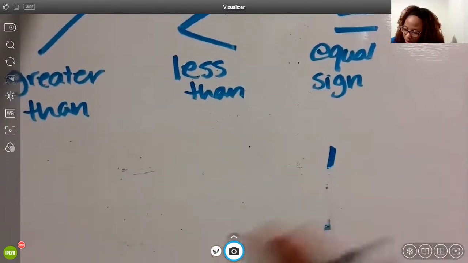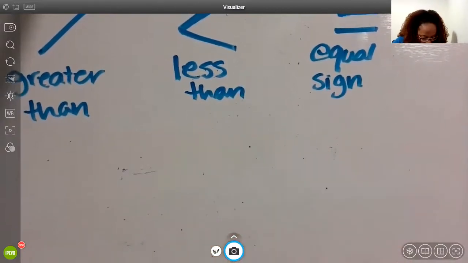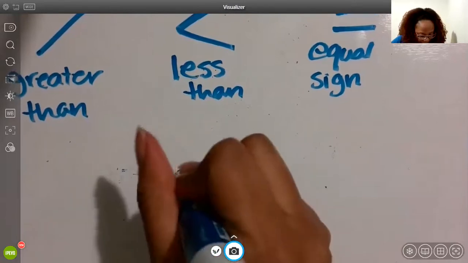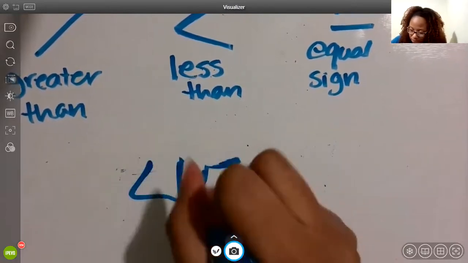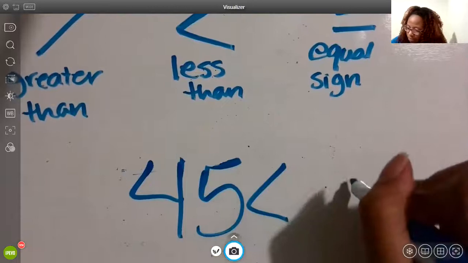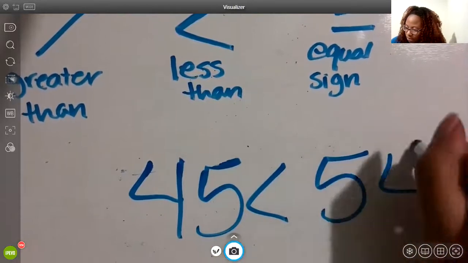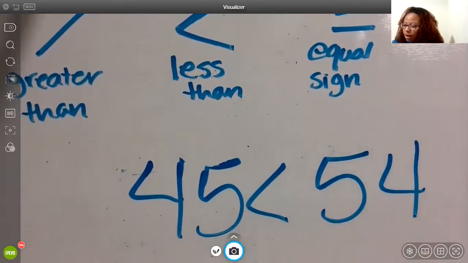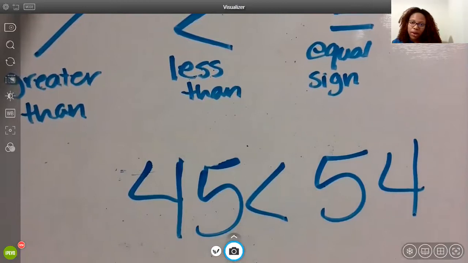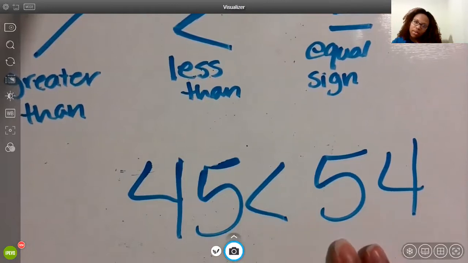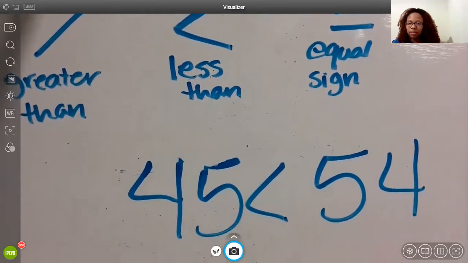Let's do our next one. How about this one? Let's go ahead and read together. 45 is less than 54. Is that true or false?